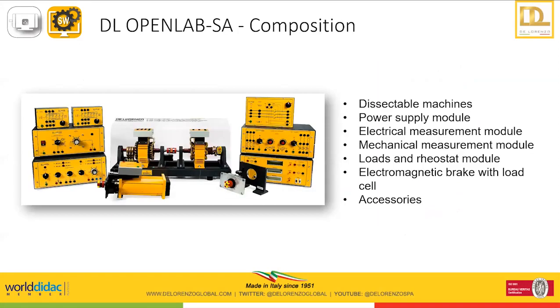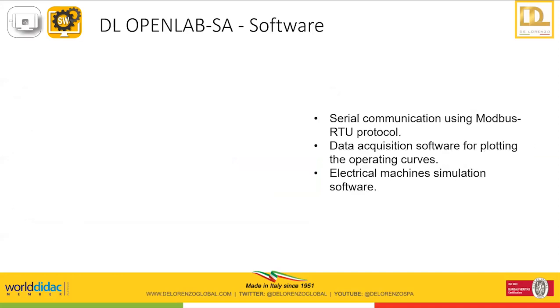As I said before, it is a dissectable machine. There is power supply, electrical measurement modules, mechanical measurement modules, loads and rheostat, an electromagnetic brake to simulate a load with load cell, and many other accessories like adapter brackets, locking rotating device, parallel board, pole changing module, star delta starter, and starting and synchronization module.